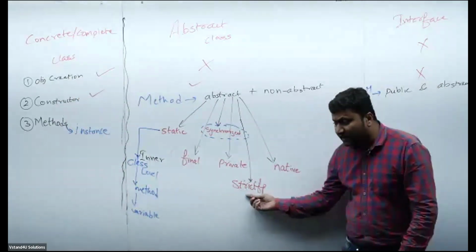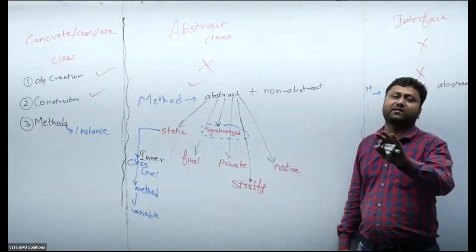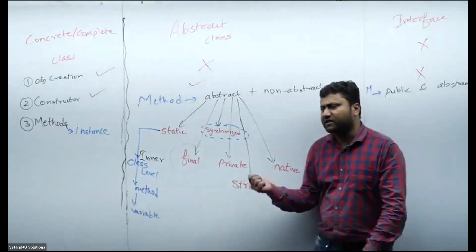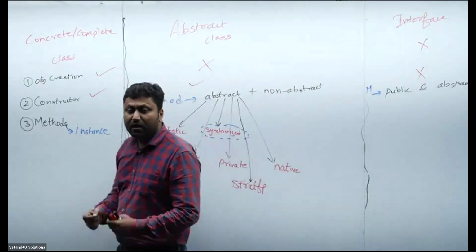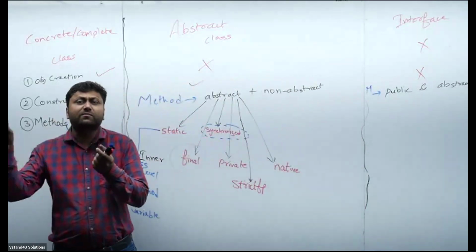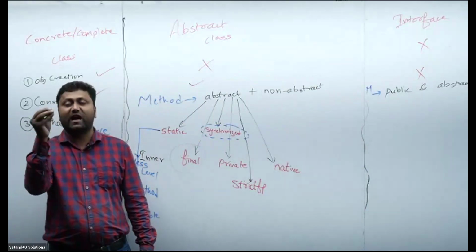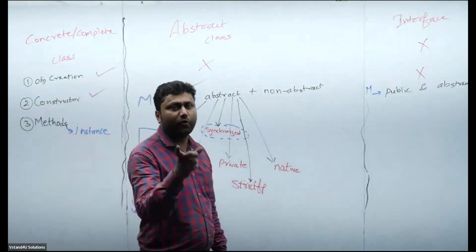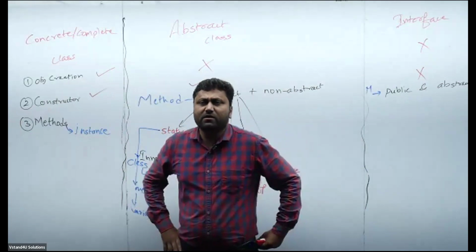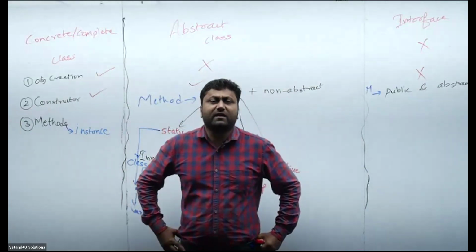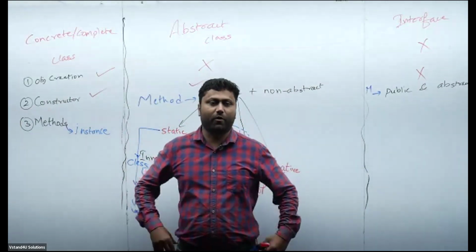If a method is marked as strictfp, listen very carefully. Strictfp means strict floating point, and floating point means the number of digits after the decimal. Usually JVM implementations differ from one platform to another.